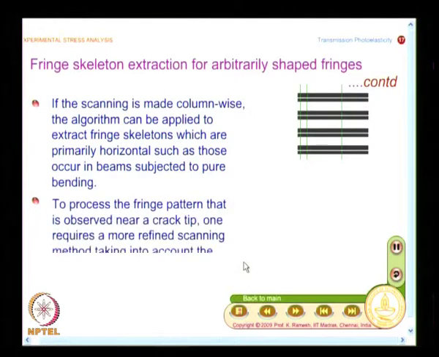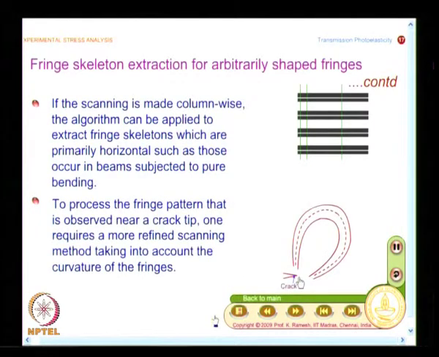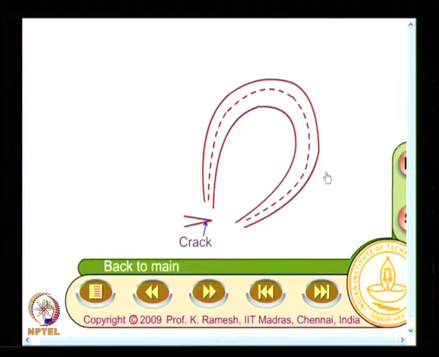If I have to identify the minimum intensity point, I need to find out the edge normals, only then I can do that.